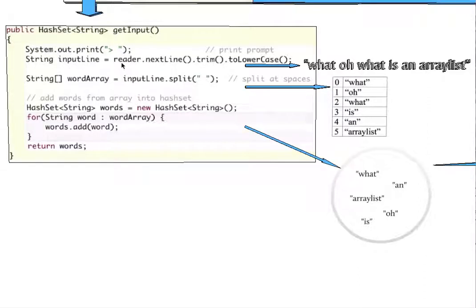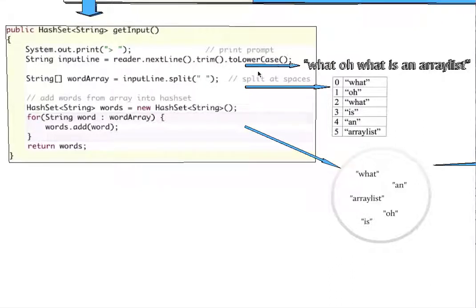This line is going to allow the user to type in something, because reader is attached to the keyboard. So whatever they type in, up to where they press return, we're going to trim off any spaces at the beginning and at the end. That's what this method does. And then we're going to convert everything to lowercase.